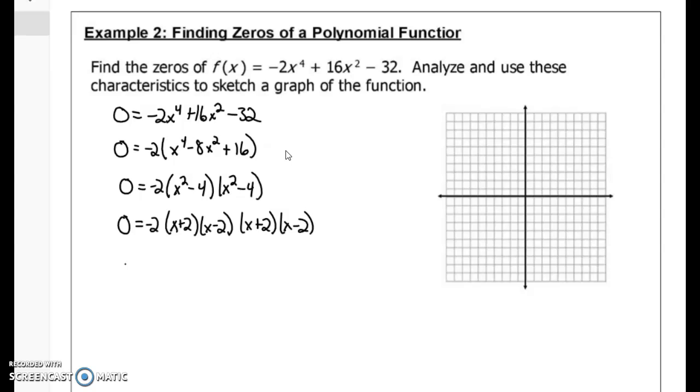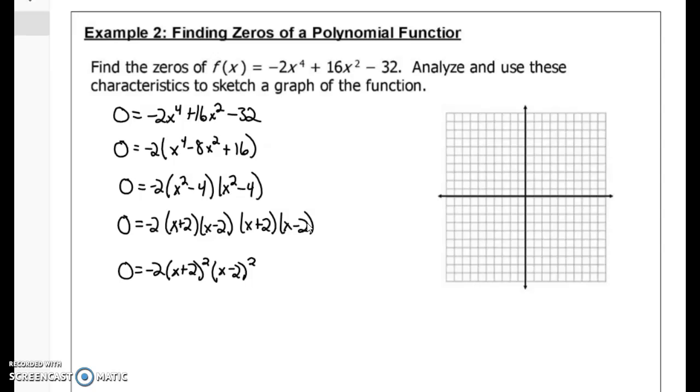Okay, let's go ahead and rewrite this. So if you see, there are two factors that are x plus 2 and x plus 2. So that can be rewritten as x plus 2 squared. There's also two factors that are x minus 2 and x minus 2. So that can be written as x minus 2 squared. All right, so that's completely factored.